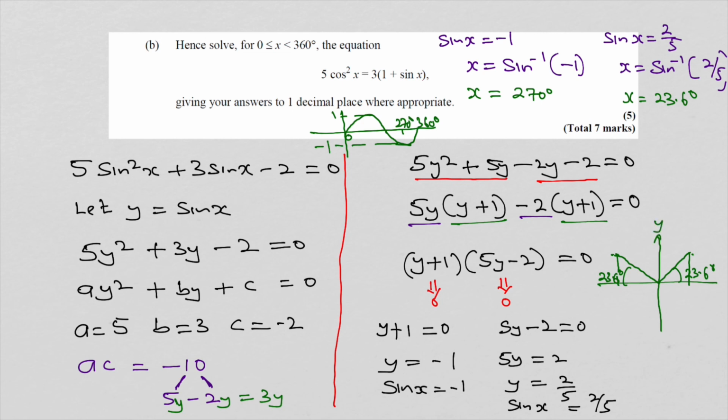And so the angles I'm looking for: the first one is at 0 degrees, this is 90 degrees, and this is 180 degrees. So the second angle I'll be looking for is all the way to there. So that will be 180 minus 23.6 degrees, which is 156.4 degrees.